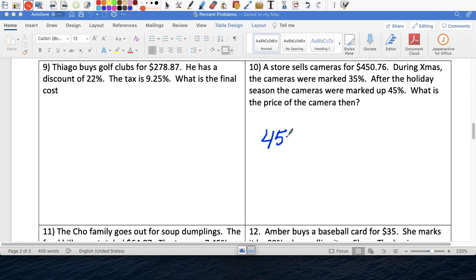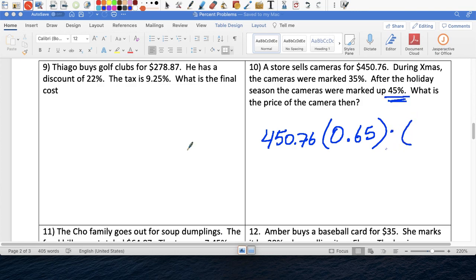Here's my price of the camera right now. The cameras were marked down, and I know we forgot that word. So if marked down 35%, that means they took off 35%, which means we're still going to pay 65%. That's the markdown, and then you multiply that by the markup.